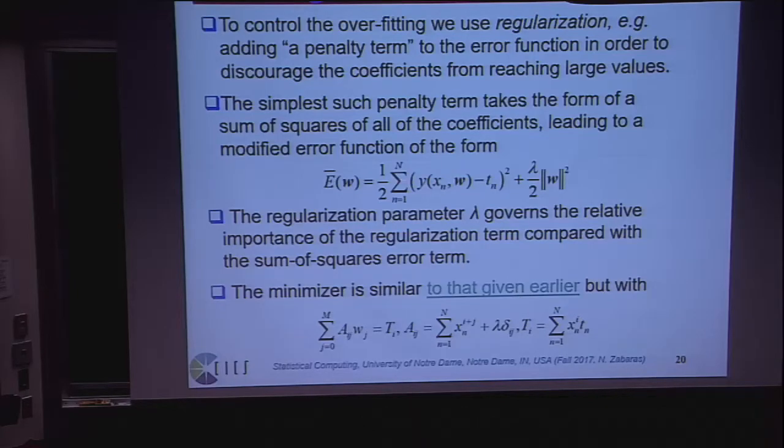So the only difference when you minimize this, the only difference from before, is the addition of this term in the diagonal of the matrix A that you're forming. So you can think again that A is not well posed, and effectively by adding very small numbers in the diagonal, you make it well posed, so you can address this. This is a well-known trick, right?